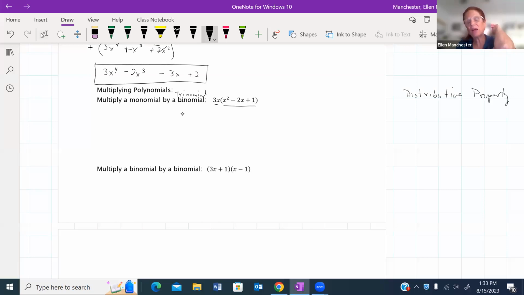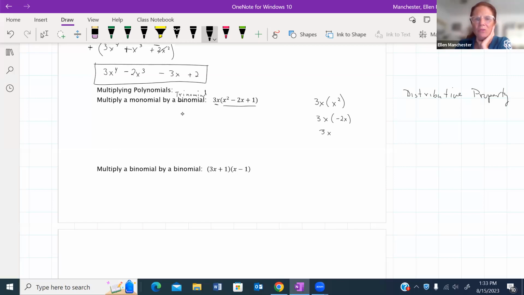Okay, now again, there's a couple ways that you can do this. Whichever way you feel the most comfortable with, you need to stick with it. So if I'm using the distributive property, I'm taking the 3x and multiplying it by every single term. And don't forget your sign.